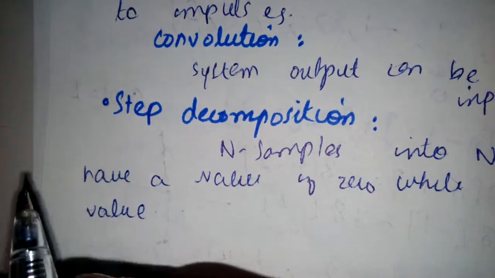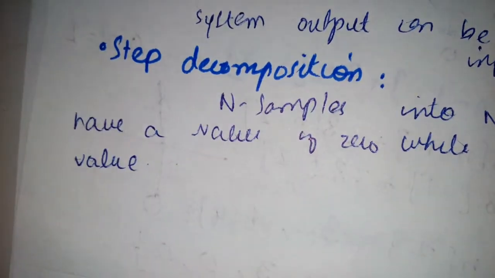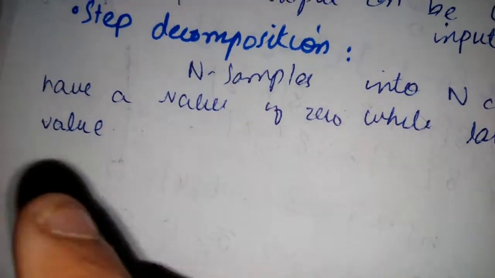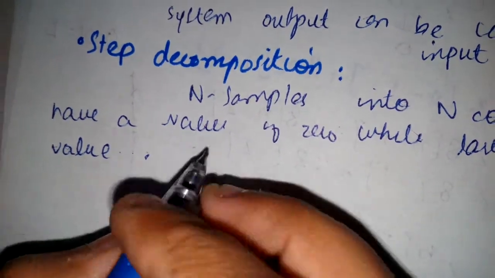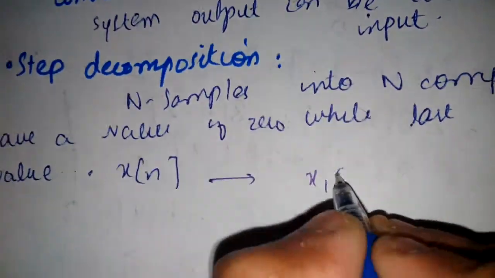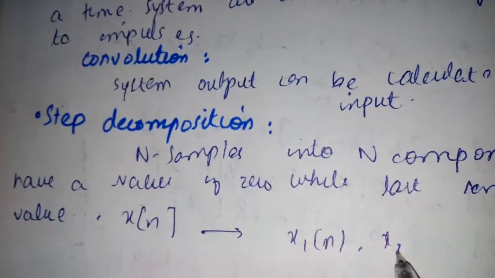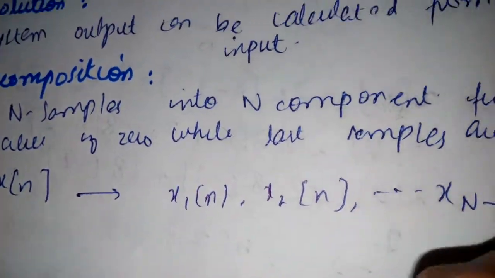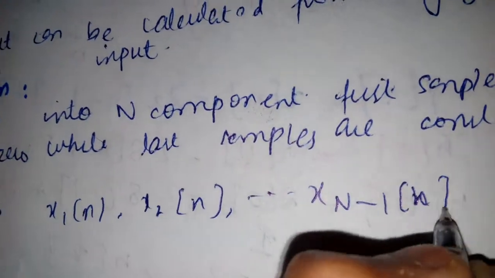Now consider the example: the decomposition of an n-point signal x[n] into the components x1[n], x2[n], and so on up to x[n-1][n].